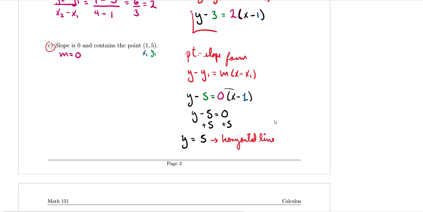Now one thing that I want you guys to remember is that if you have a horizontal line, you have a slope of 0. So horizontal lines have a slope of 0.